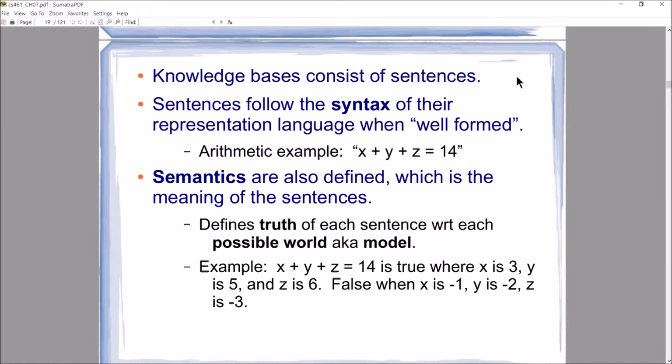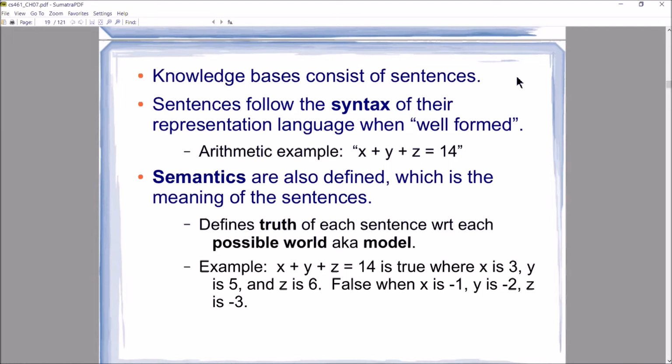Now that is one possible world. That is one possible model: the assignment of 3, 5, and 6 to x, y, and z respectively. Another possible world or model, those terms are kind of interchangeable, would be if x was 0, y was 1, and z was 13.